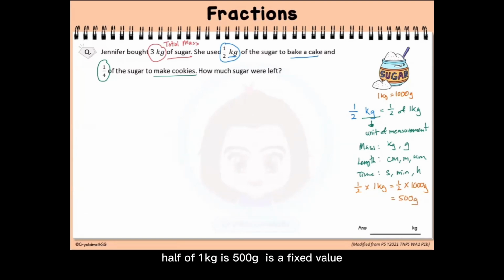So half a kilogram is 500 grams. It's a fixed value. I don't care what the mass of the total packet of sugar is. I only want to take 500 grams to bake my cake. It must be 500 grams, which is half a kilogram. You just take this portion out. I don't care how big the packet is.